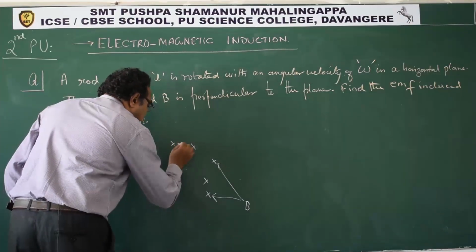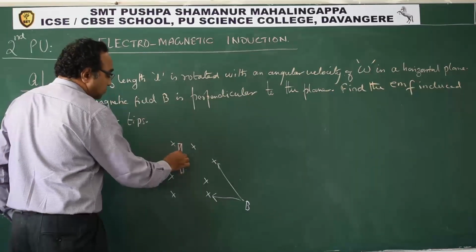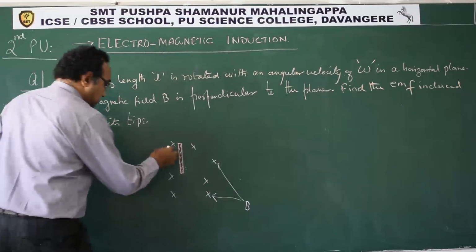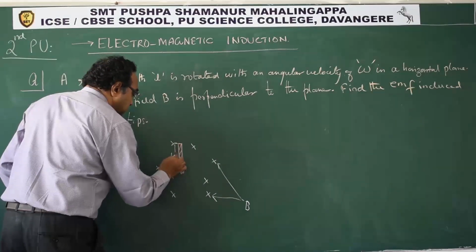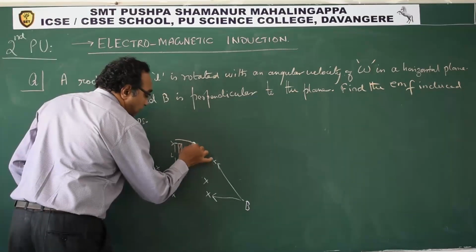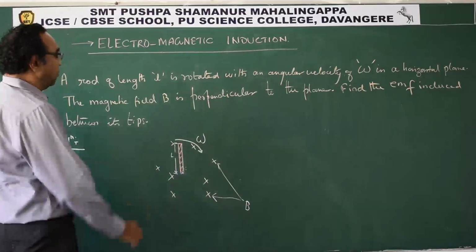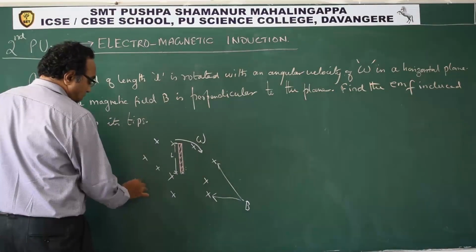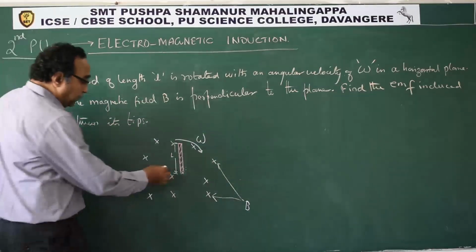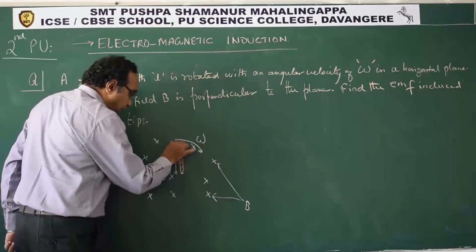So let us say this is the rod, whose length is L. It is fixed here, so it is rotating with an angular velocity omega. Now we have to find the induced EMF between the tips, meaning this is the point where it is pivoted and this is the other end.